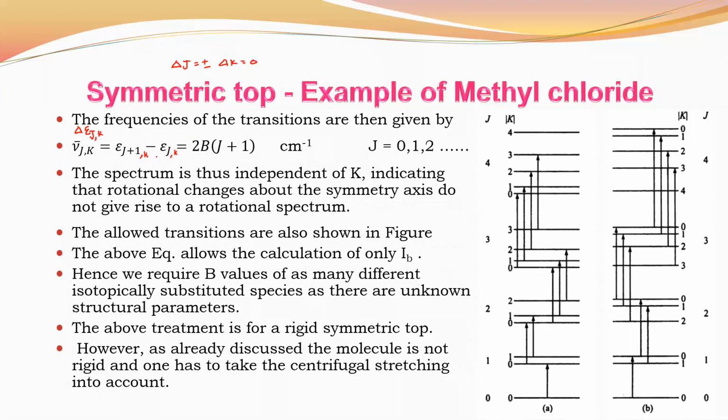So if K is the same, the transition is possible. So the transition takes place from the same K values. So the different term arising from both terms must vanish. So it only depends on the J value, 2B into J plus 1. And here 2B into J plus 1 is similar to that of a rigid diatomic molecule.